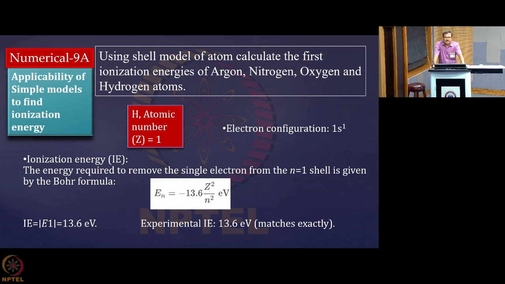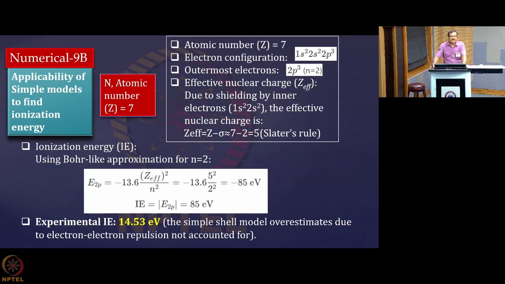So what we are getting here is that the theoretical calculation matches exactly with the experimental value. This goes very fine. Now we try to apply the same for another atom. Let us try with nitrogen.